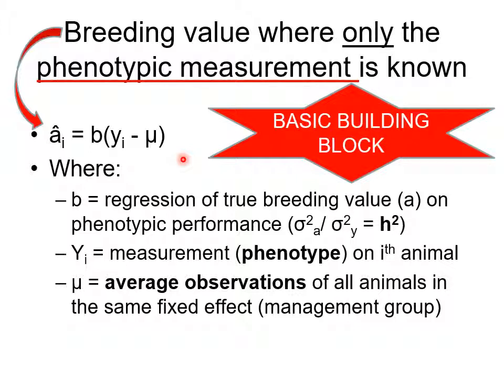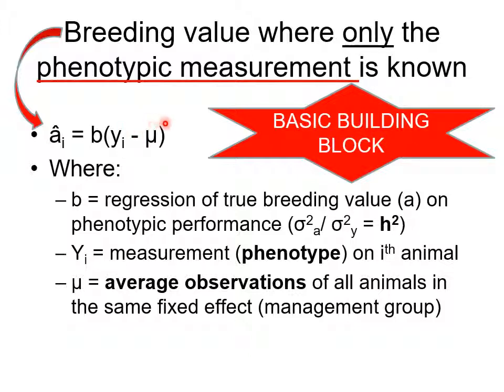So whatever the trait is, you start with a basic building block. You have to define the contemporary group, or the environmental effect that affects all those calves, all those lambs equally. And remember, the HYS, herd year season, is a good example.